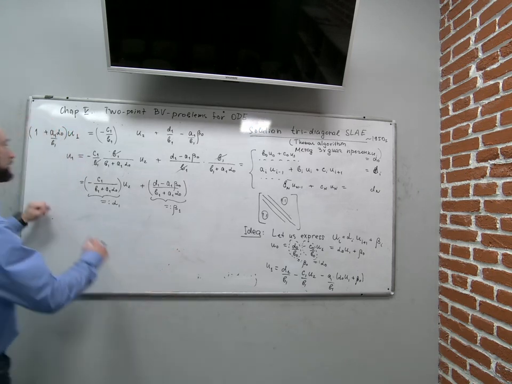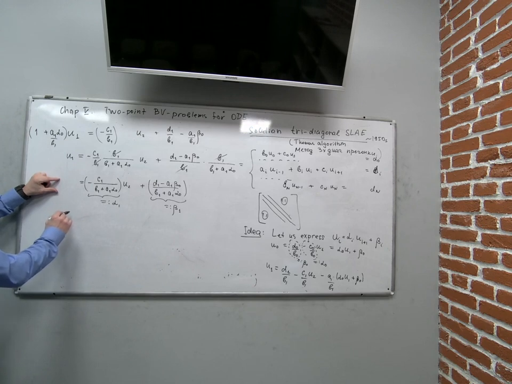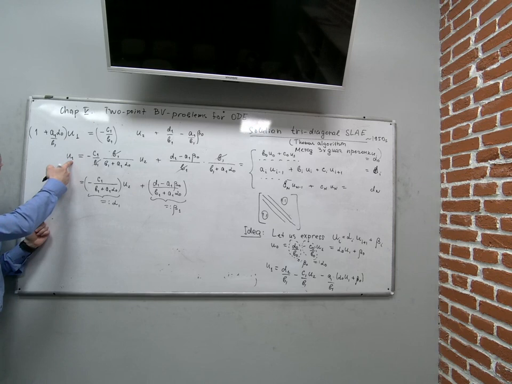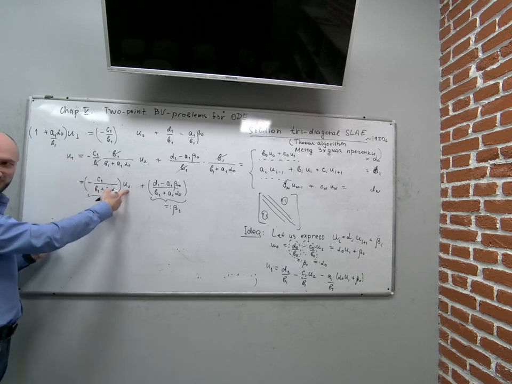So the general formula can be obtained by replacing 1 in this formula with I, and 2 in this formula with I plus 1.